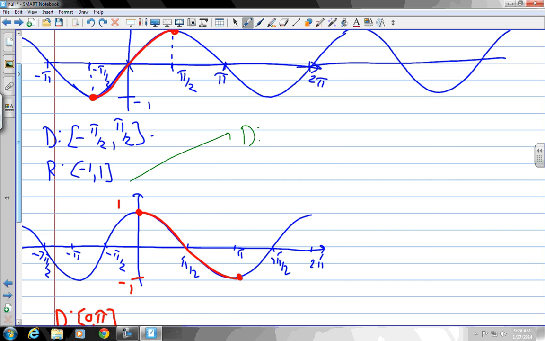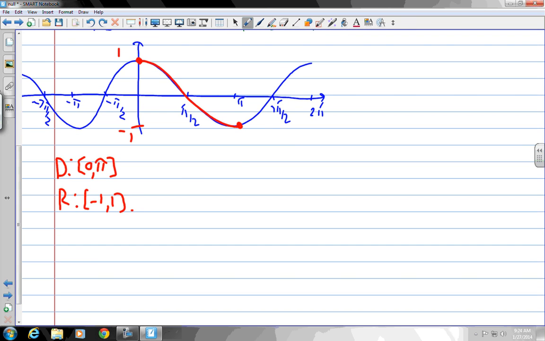Yeah, so it's -1 to 1. That part stays consistent. The range becomes the domain. The domain becomes the range of the inverse. So the range of the inverse will be this. They interchange. Same happens here. The domain will be from -1 to 1, and the range will be from 0 to pi.